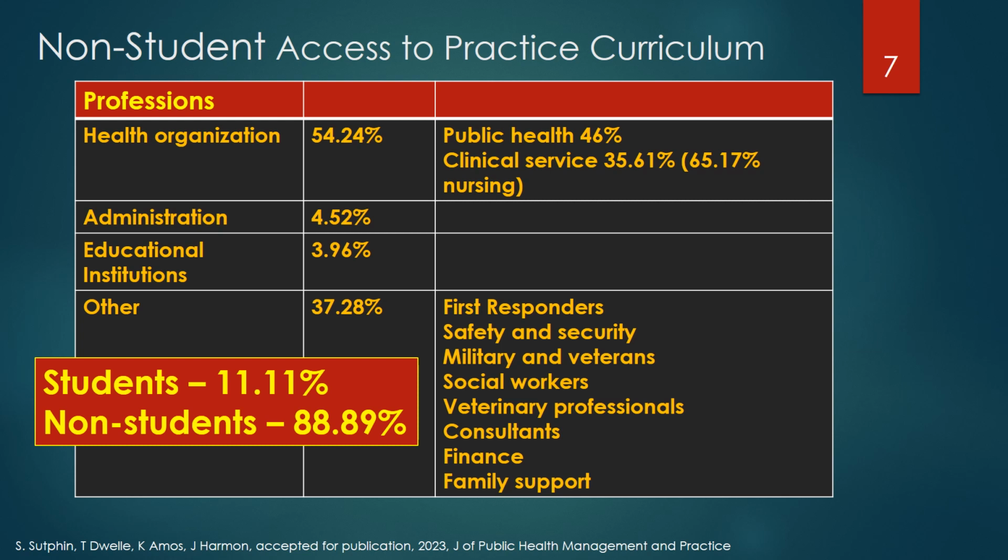Administration represented 4.52%, educational institutions 3.96%, and other professions 37.28%, that included first responders, safety and security, military and veterans, social workers, veterinary professionals, consultants, finance, and family support. This study demonstrates the wide range of professions that seek public health practice training, likely reflecting their involvement in the provision of public health services.